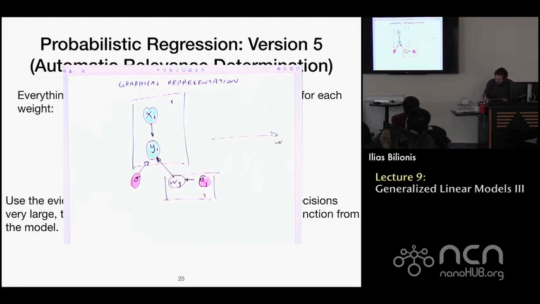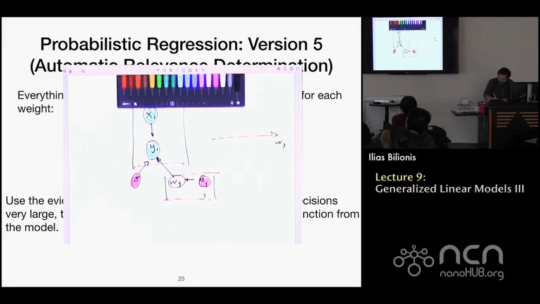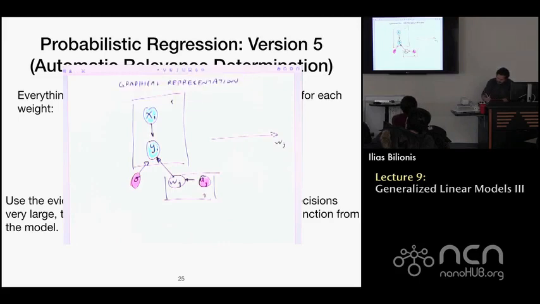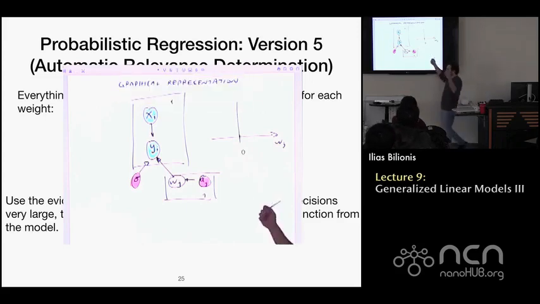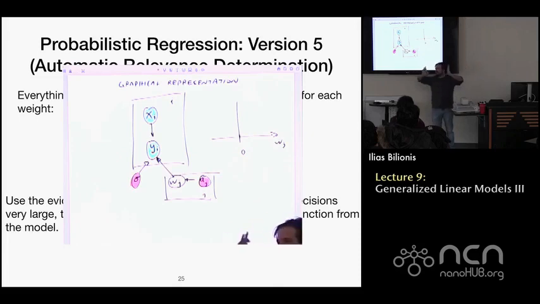If you look at w_j, let's put 0 here. This alpha_j controls its precision. The bigger the alpha corresponding to w_j is, the more concentrated the prior of that w is.